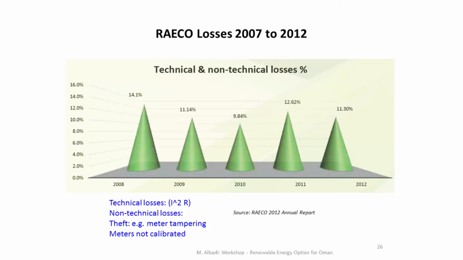One way to reduce the losses is to replace meters. Old meters will go away and new meters will come. New meters are very sensitive. Now we have digital meters and prepaid meters. They are sensitive to theft. They can send a signal when there is theft, and the company can come immediately and investigate. Old meters were not calibrated.